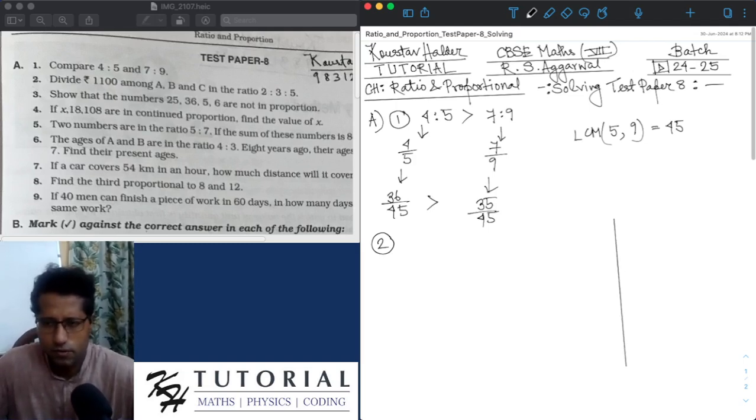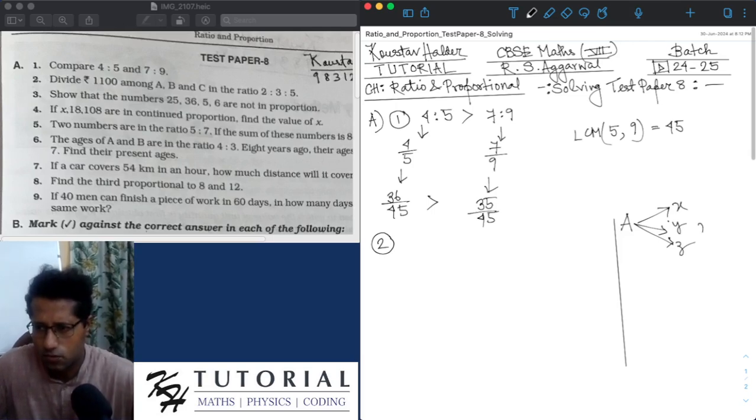If you are asked to divide a quantity, let's say A, into 3 parts, such that those 3 parts are in the ratio x is to y is to z, then the first part from A will be x by x plus y plus z into A, where A is the total quantity.